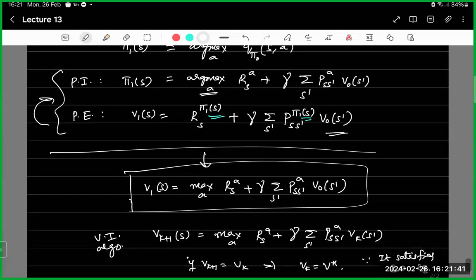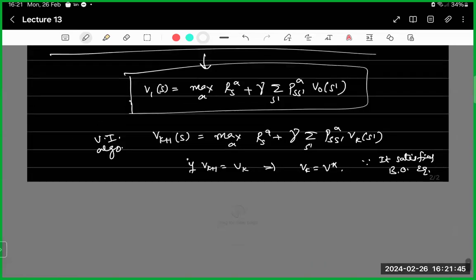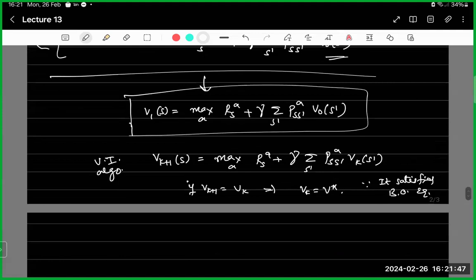Okay. So this is essentially the value iteration algorithm. You just repeatedly apply this equation. Like this equation is capturing both policy improvement and policy evaluation, everything. So you just apply this iteratively till Vk plus 1 is equal to Vk or however close you want them to be.